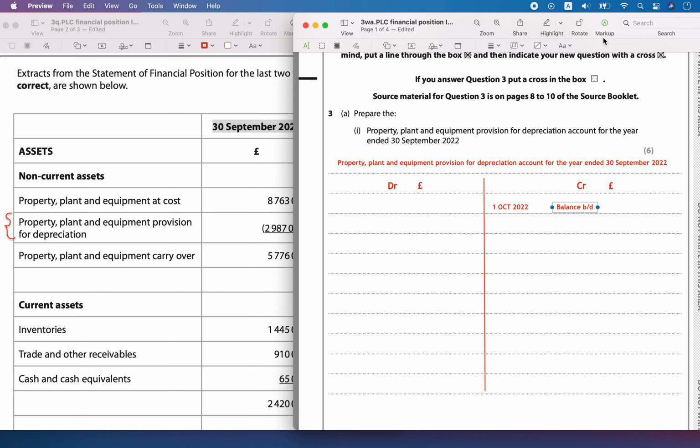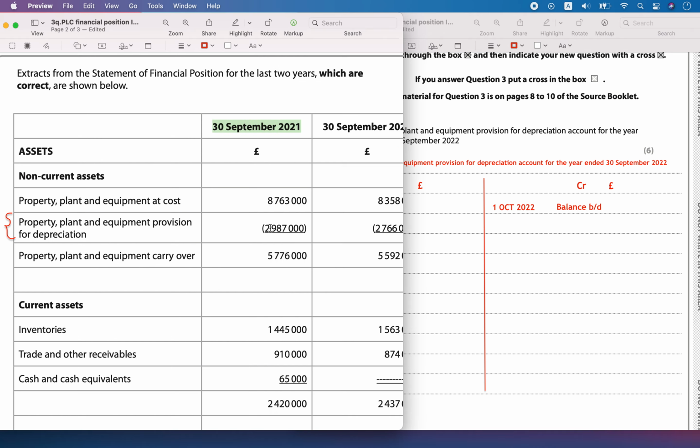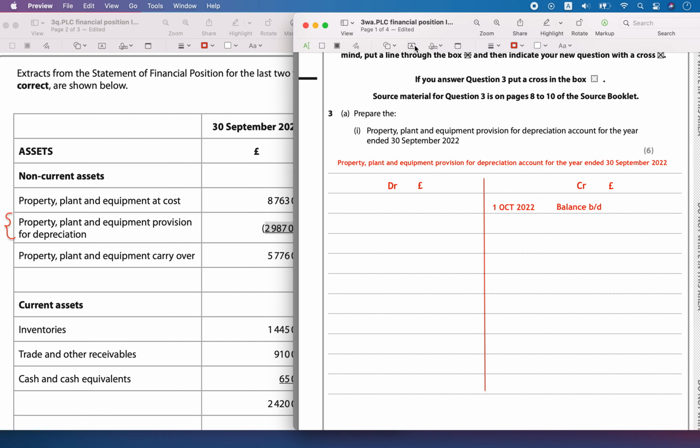here it is given, 2,897,000. So let's write it, 2,897,000.